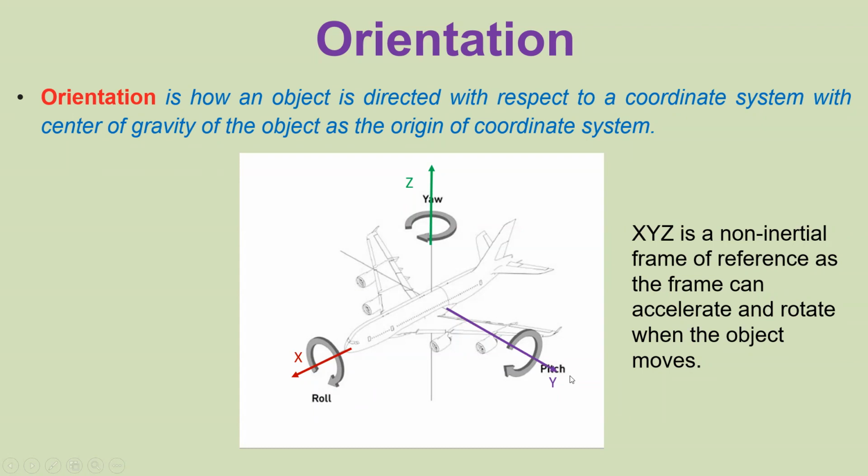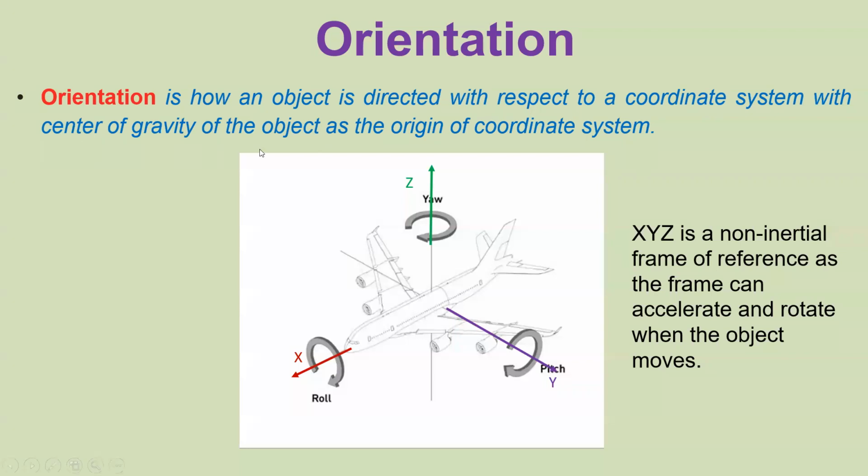The rotation around the y-axis is called pitch. And the rotation around the z-axis is called yaw. So roll, pitch, and yaw are the names for the three types of rotation around the three-dimensional axes. So what is meant by rotation?